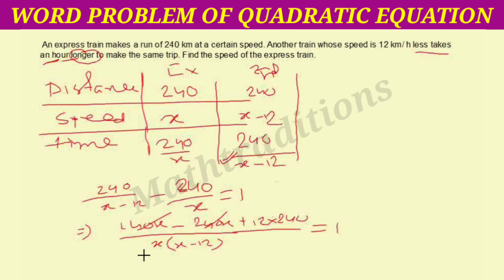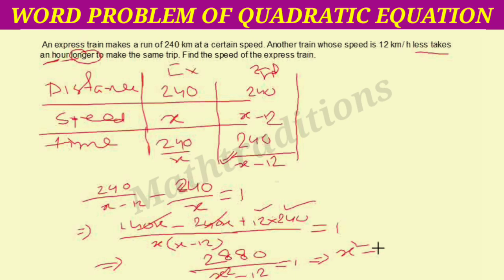Now if we multiply 12 into 240, that will give us 2880 by x square minus 12x equal to 1. So our equation is x square minus 12x minus 2880 equal to 0.